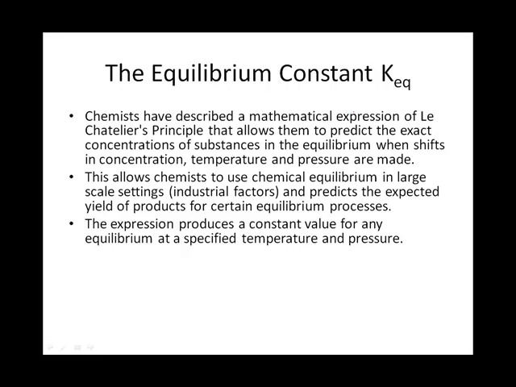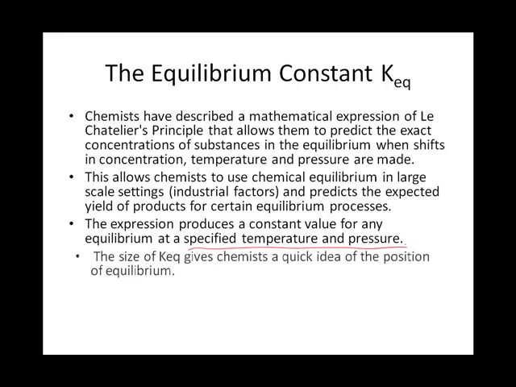The expression produces a constant value of any equilibrium at a specified temperature and pressure. Again, I'm going to underline this because KEQ is specific at a specific temperature and pressure. The size of KEQ gives a chemist a quick idea of the position of equilibrium. Is it on the reactant side or is it on the product side?